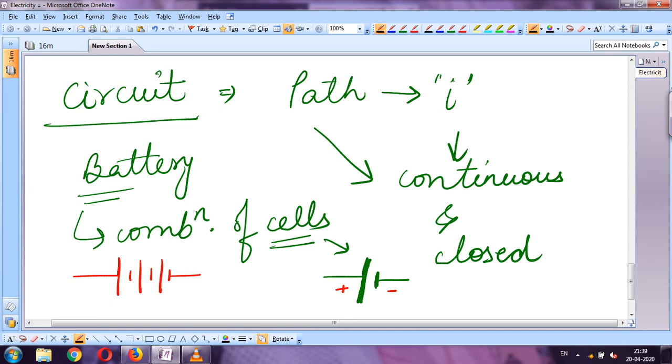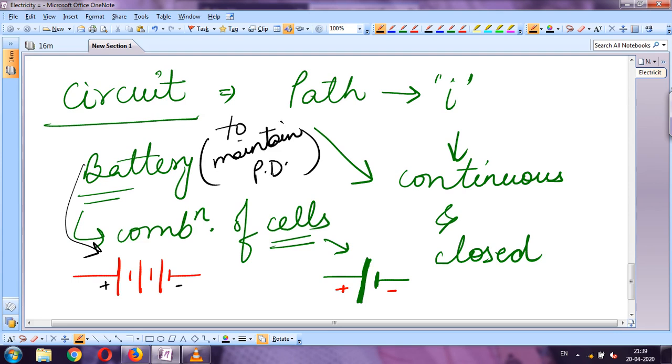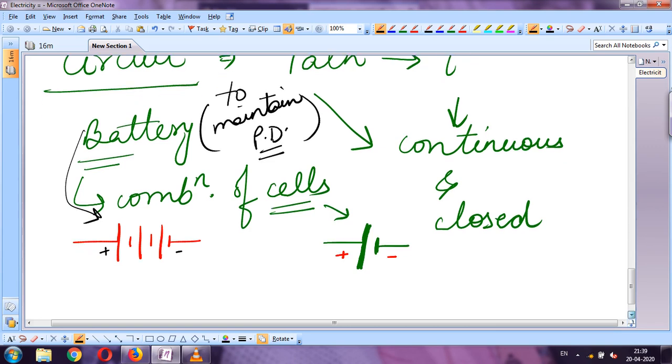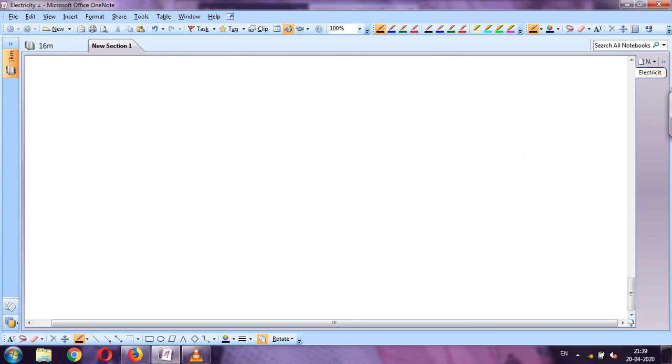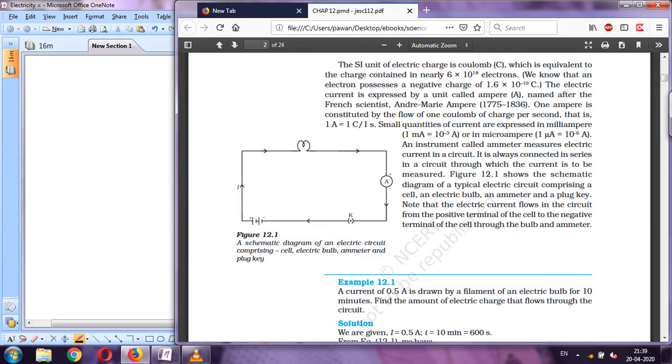Again, the longer side will be plus and the shorter side will be minus. So what is a battery? It is a combination of cells. What is the function of a battery? The function of a battery is to maintain potential difference. What is potential difference? We will study it further, in its turn.